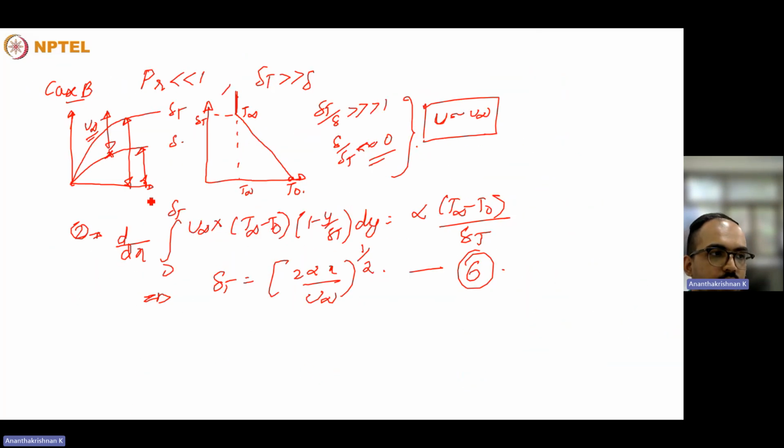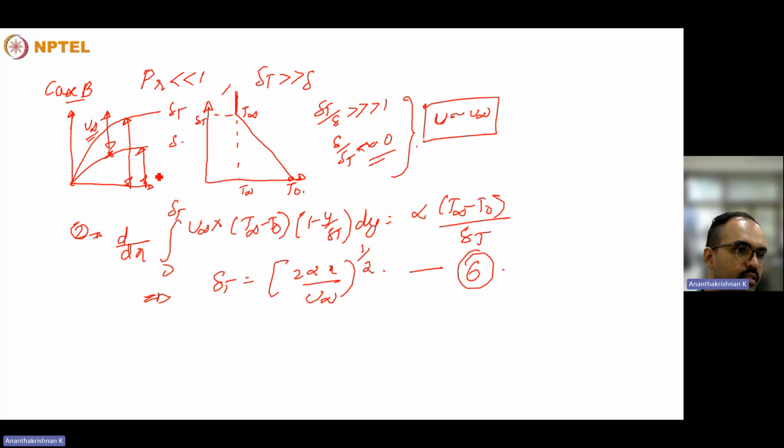And the second case is when the Prandtl number is very much less than 1. Here, it's very much simpler. For this case, since we are scaling from 0 to the thermal boundary layer thickness, we can assume that the velocity boundary layer thickness is very much small compared to the thermal boundary layer when the Prandtl number is very much less than 1. So throughout the thermal boundary layer, we could assume the velocity to be equal to the free stream velocity.